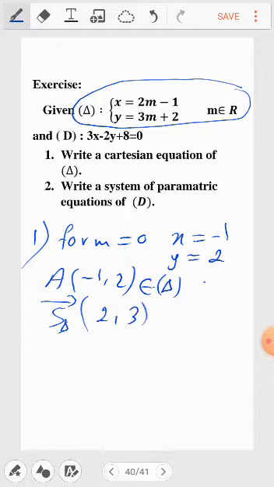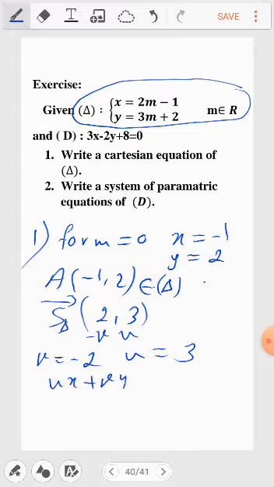هيك أخدنا. So we have a point on delta and we have a directing vector. Now we write the Cartesian equation of this straight line delta. This is minus v, this is u. So v is minus 2 and u is 3. So the Cartesian equation, the standard equation of this parametric is ux plus vy plus w equal to 0. So 3x minus 2y plus w equal to 0.